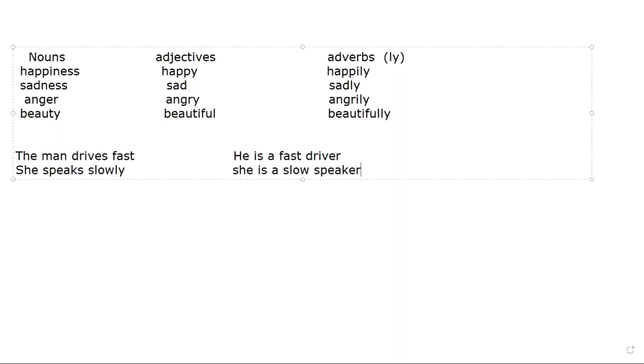In this case, slow will be my adjective. Why? Because it's describing the person. As a speaker, she's slow. As a driver, he's fast. And in these cases, they are describing the actions. How does he drive? Fast. How does she speak? Slowly.